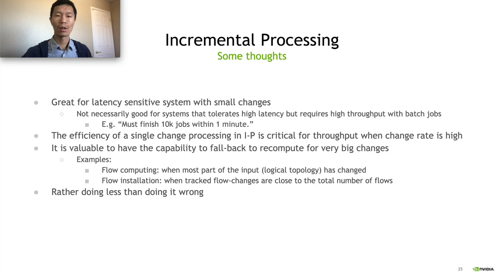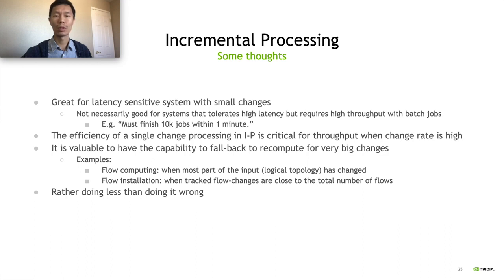One example is if we must finish, say, 10K jobs within 1 minute, one minute may not be enough for recompute to finish any compute at that scale, because the size of the job is really big. If we use incremental processing, that might not be achieved either, depending on how efficiently a single change is processed.